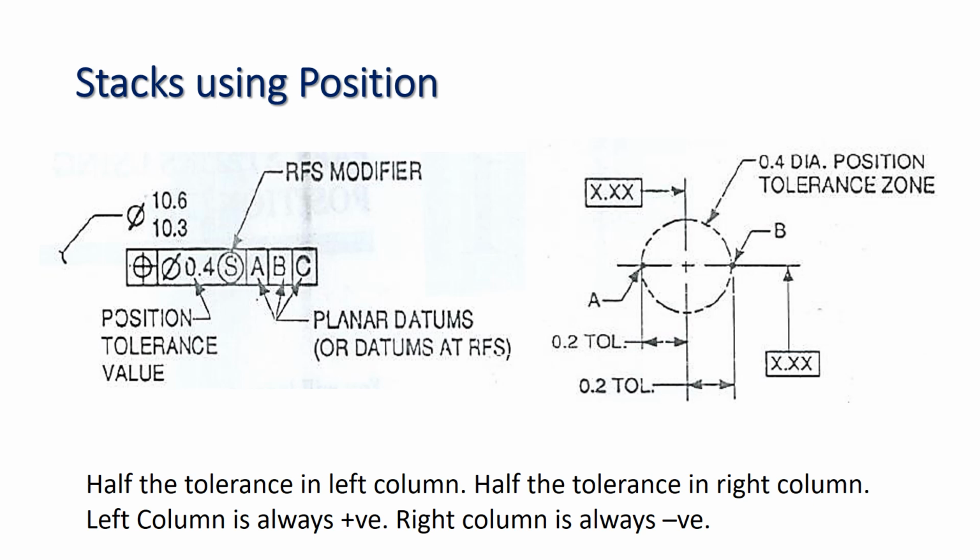See the 0.4 diameter position tolerance zone, how it looks, with A and B shown here. From A to the axis is 0.2 tolerance, and from the axis to the point B is 0.2 tolerance. So half the tolerance in the left column, half the tolerance in the right column. The left column is always positive, the right column is always negative.